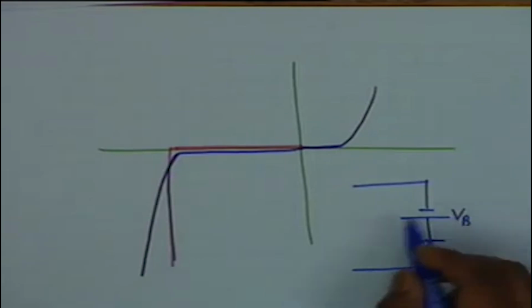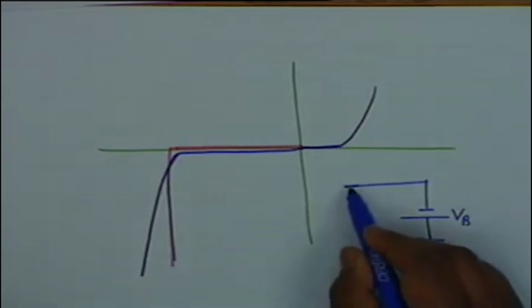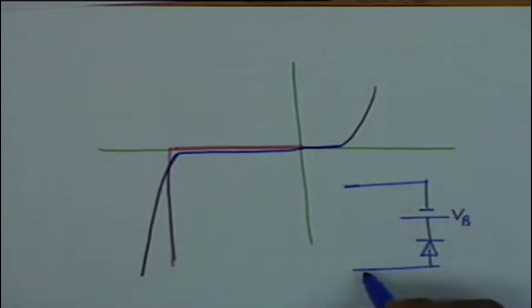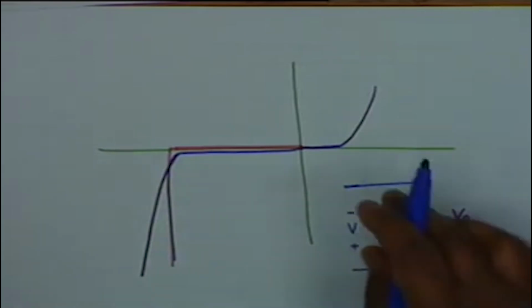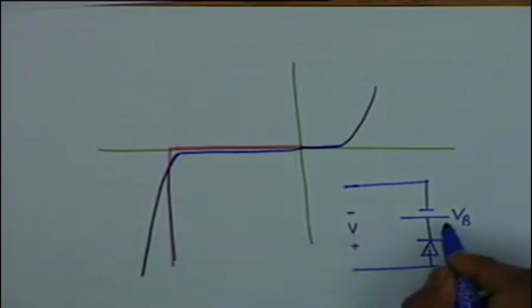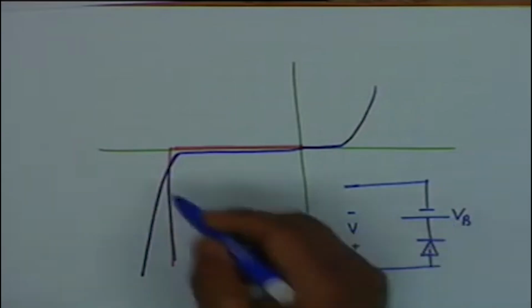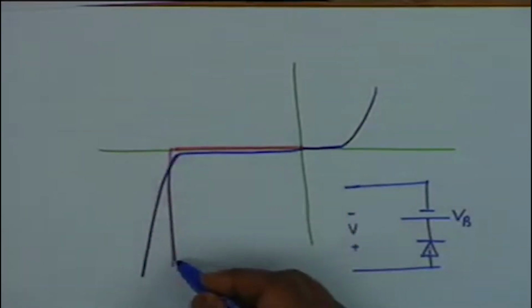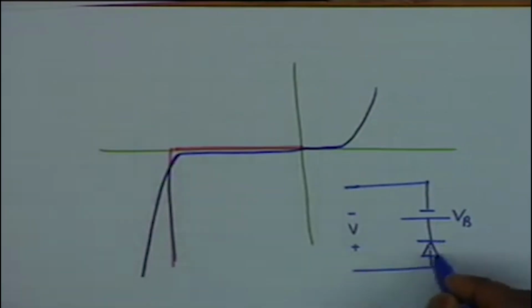If you apply a reverse bias here, then the diode shall conduct. If you apply a voltage like this, the diode conducts only when V exceeds VB.